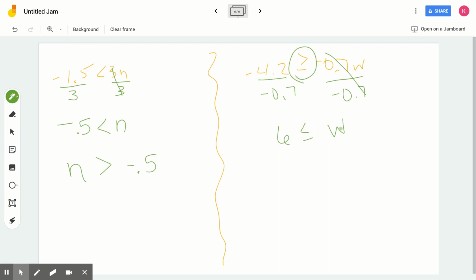So 6 is less than or equal to w. We know that we must rewrite it for the variable to be on the left. Make sure that inequality sign stays facing that variable, so w is greater than or equal to 6. Now the key thing to remember from lesson 3 is that you only flip the symbol when multiplying or dividing by a negative number.